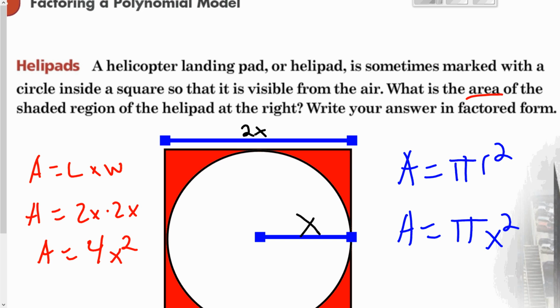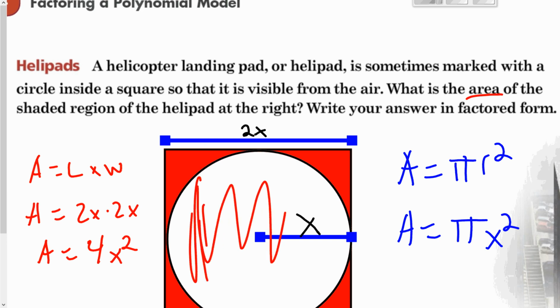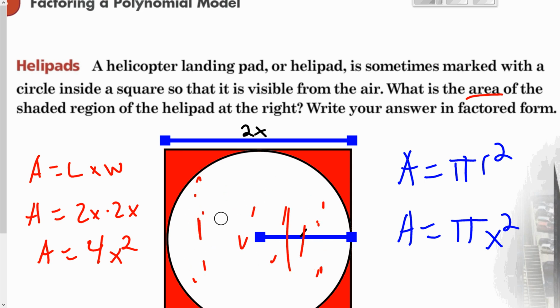And now we're trying to find the area in between, right? So the big area would be our square, and the area that I'm going to take out, right? So the area of the square would be the whole thing. This whole thing would be filled in with red, right? If I was finding the area of the square. But then I'm deleting this circle, the area of the circle, to leave me with the area in between.